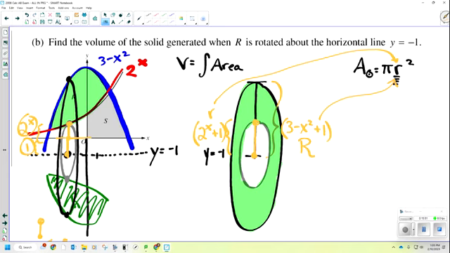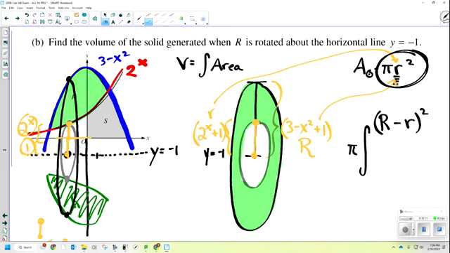Okay, so what will that look like when I type it in the calculator? Integrate. I'm looking at my formula here. Pi is a constant I'm going to put on the outside. It's the bigger radius squared minus the smaller radius squared. So my bigger radius is 3 minus x squared plus 1, minus, and really what I should do with this squared is write it like this, squared and squared.